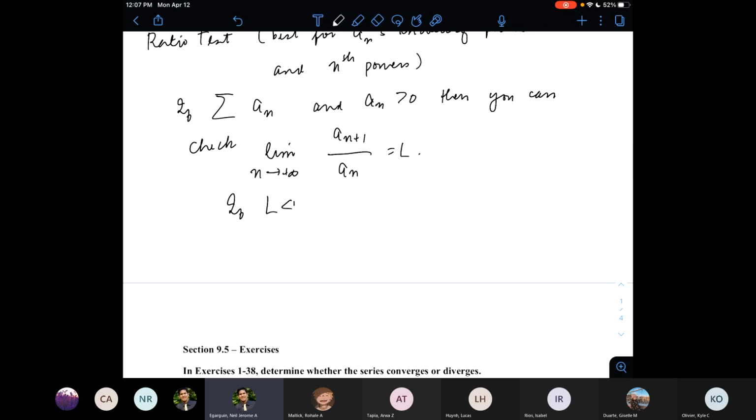If L is less than 1, then the series converges. If L is greater than 1, then the series diverges. If L is equal to 1, then no conclusions can be made.